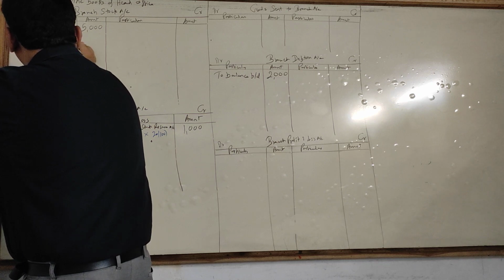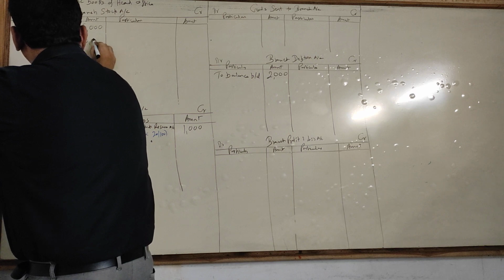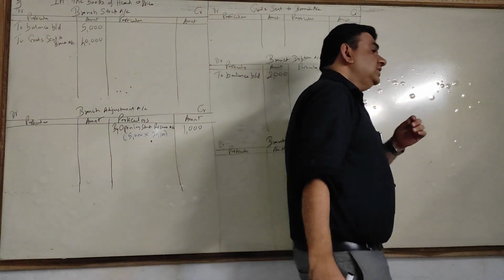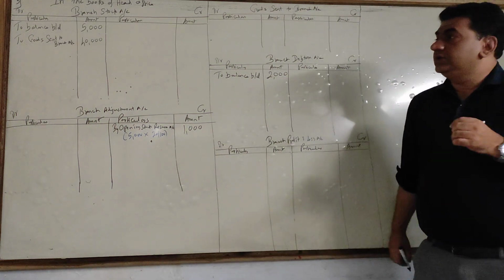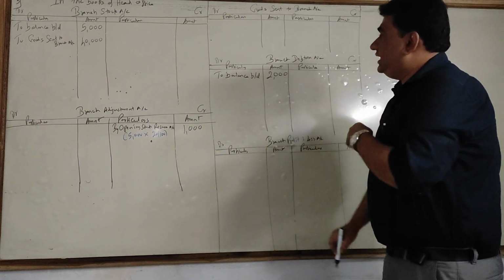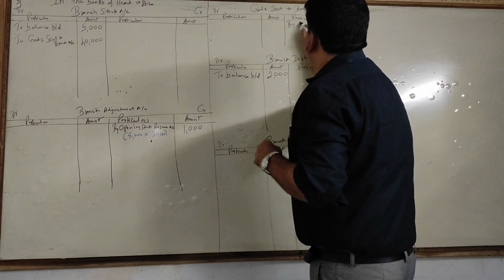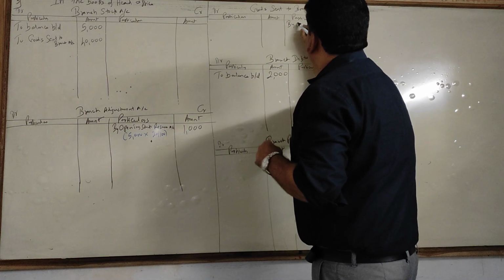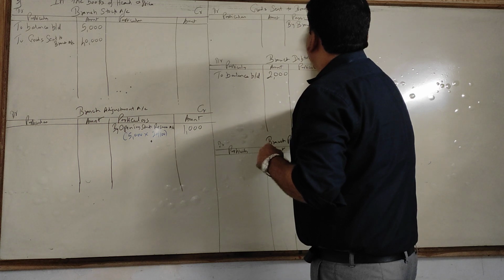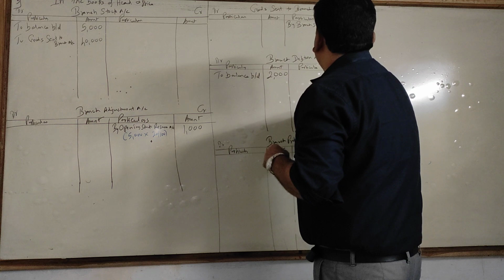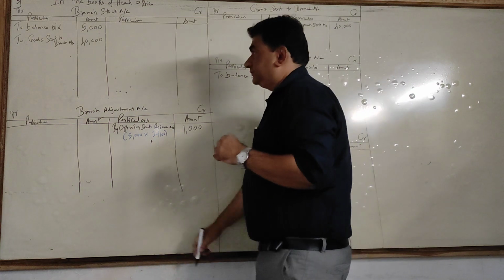To goods sent to branch account 40,000. And we are preparing goods sent to branch, so coming from branch stock, by branch stock account 40,000.